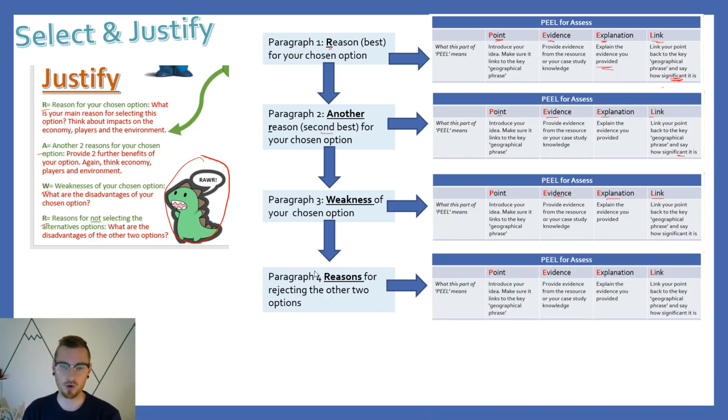And again, point, evidence, explain, link back to the question, make a judgment about how important that point is in relation to the question and the key geographical phrase. So if you can, have paragraph 4 and paragraph 5, brilliant. If you're running out of time, do it in 1. Lastly, just quickly, a 2-3 sentence conclusion where you answer the question, make a final judgment.